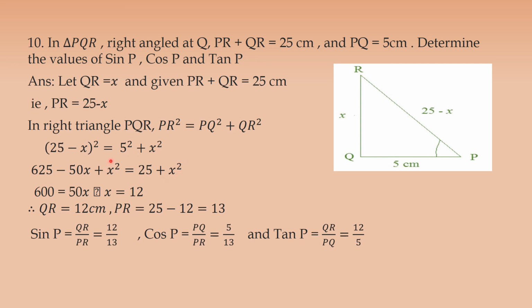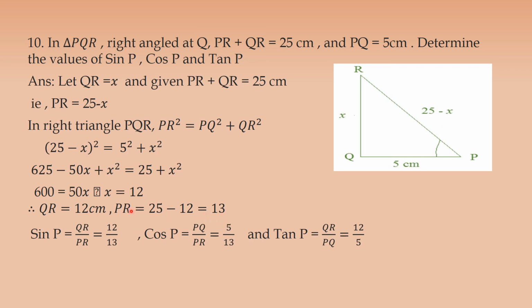Cancelling x square from left hand side and the right hand side and transposing 25 to the left hand side, it will be 600 is equal to 50x. From this, x is equal to 12. Therefore, we can say the value for QR is 12. Therefore, PR will be 25 minus 12, which is equal to 13 cm.